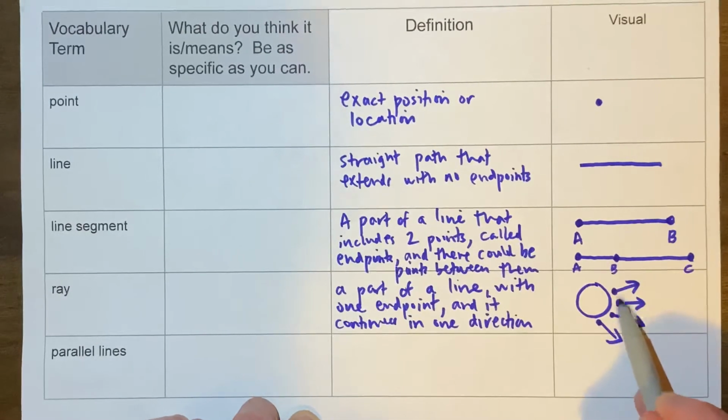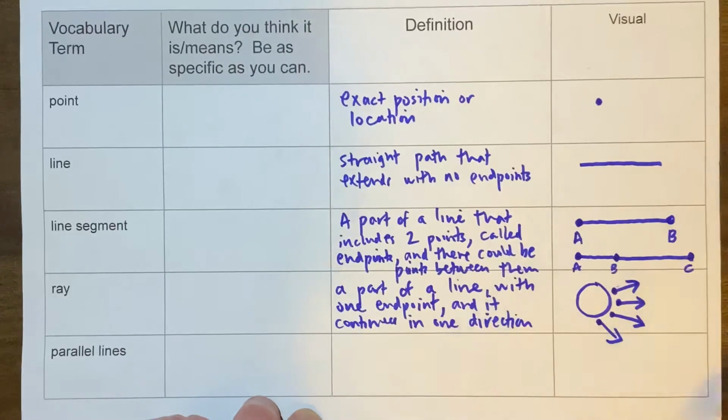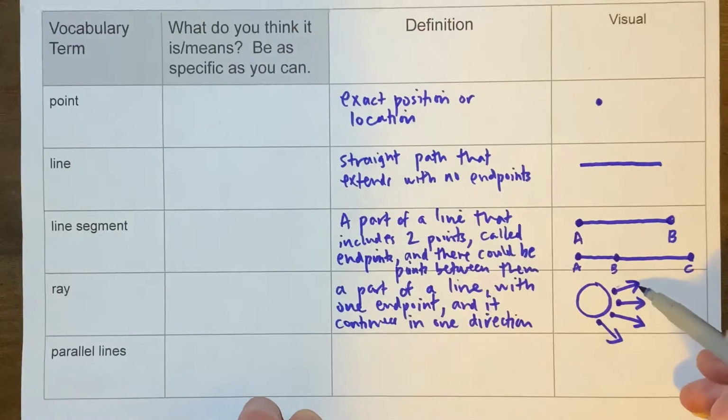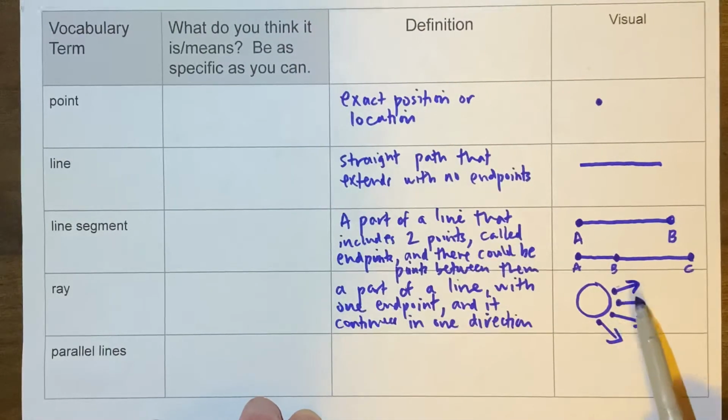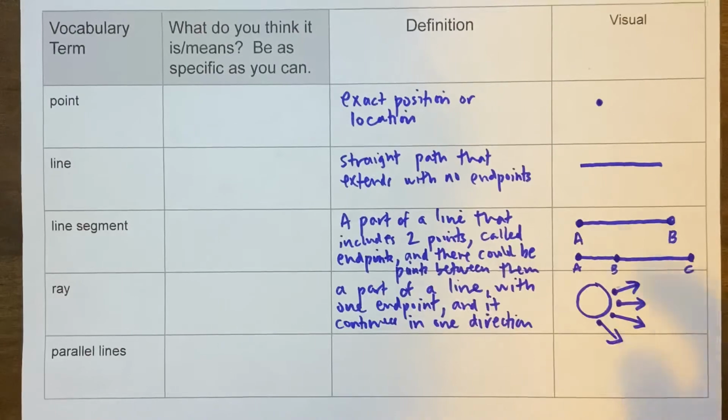Okay, here's my endpoint, one direction. And it continues infinitely, just keeps going. Until you were to add another line segment, which would make this line end. But this arrow indicates that it extends and it keeps going and going. So this is called a ray, one endpoint, and it extends in one direction for the foreseeable future.